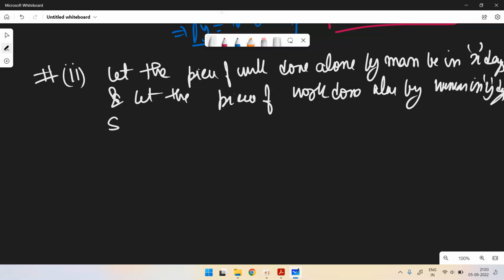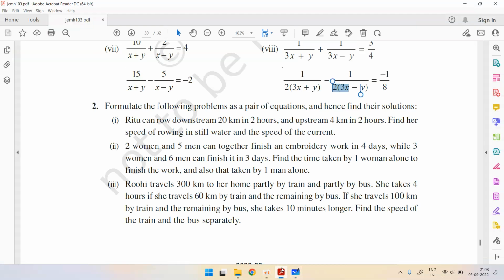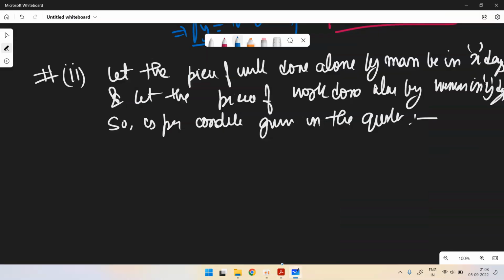So as per the conditions given in the question, what are the conditions? This has 2 women and 5 men.